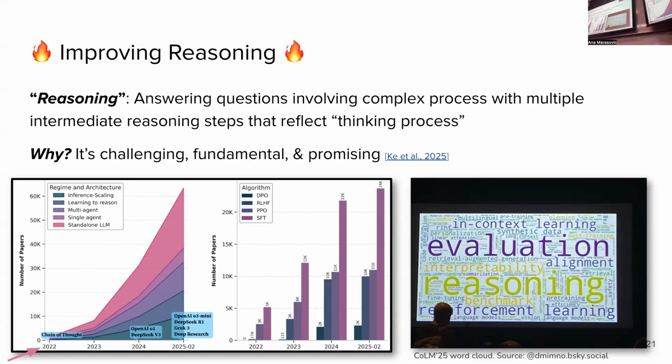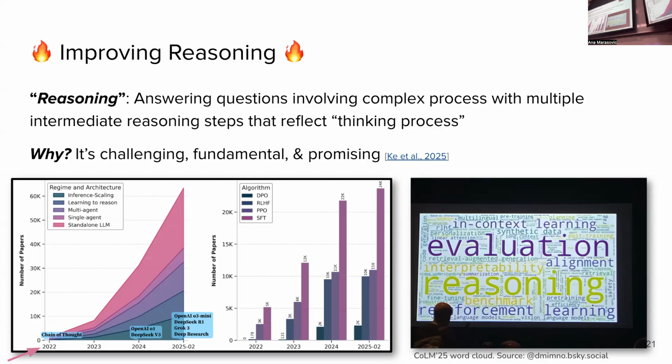And why has it gained such dramatic attention? Well, foremost, it's challenging, right? But it's foundational. The ability to reason is necessary for planning and decision making. So it's a foundational challenge. And it is somewhat promising.